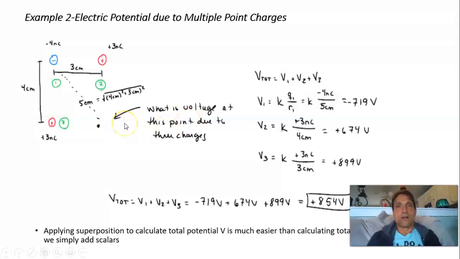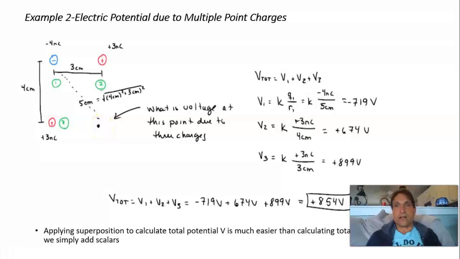Okay, well, what we need to do is calculate the potential due to each of these source charges. So let's start with the upper left charge, Q1. The distance from the upper left corner to the lower right corner, we use the Pythagorean theorem. It's the square root of 3 centimeters squared plus 4 centimeters squared. So this distance along the diagonal is 5 centimeters.